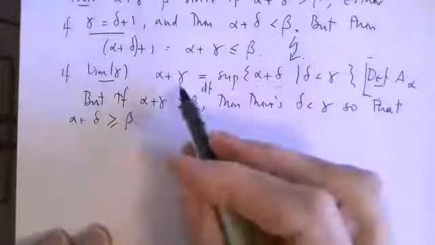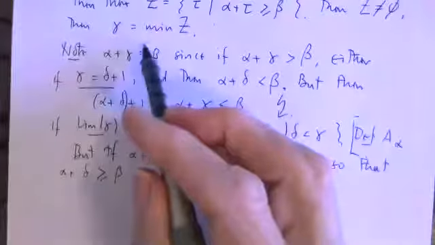Again, contradicting the fact that gamma is the minimum element of Z.